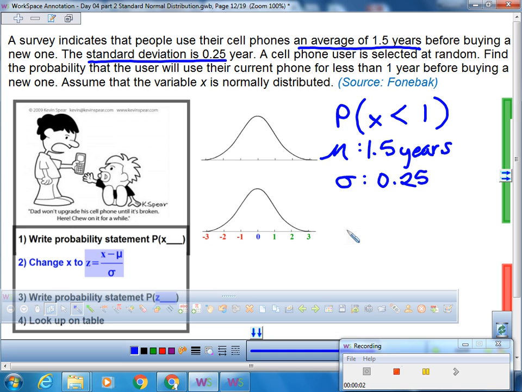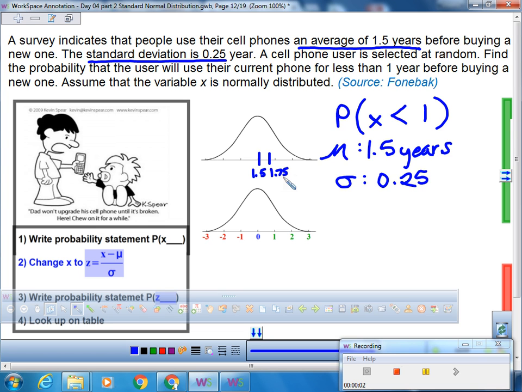So 1.5 is my mean, and my next standard deviation would be 1.75. But it wants to know everything less than 1. So that's not a perfect number on my normal curve, right? So I need to transfer it to a z-score.